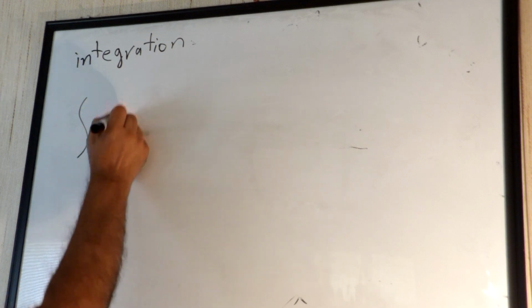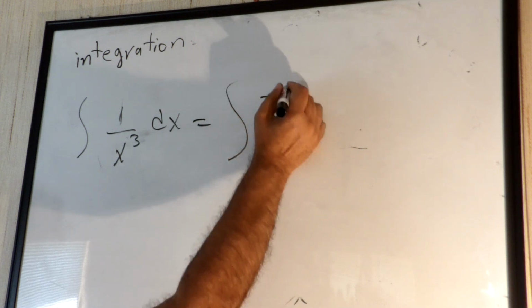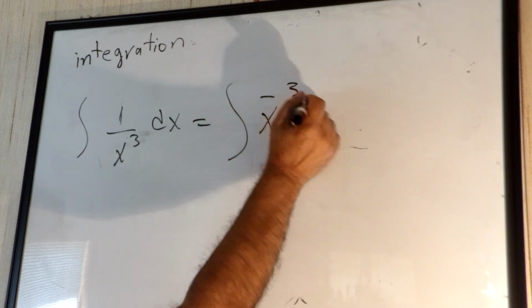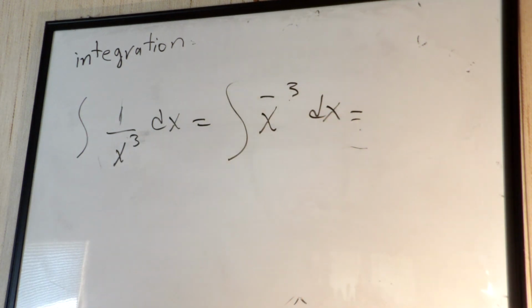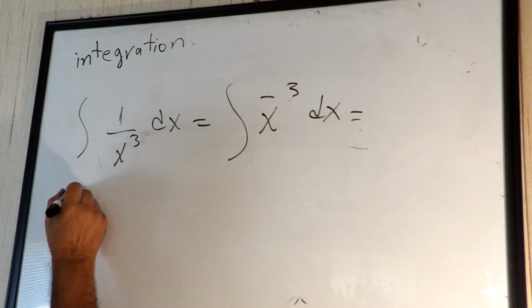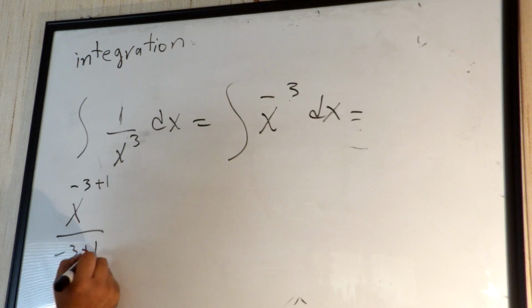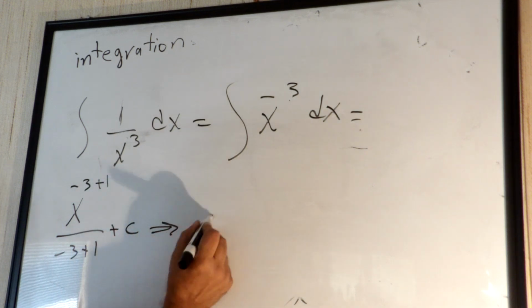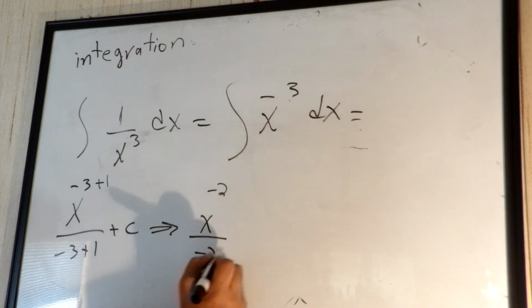How about if you have 1 over x^3 dx? Here I can write it as x to the power of minus 3, as we talked about. So what is it going to be? The antiderivative of x^-3 is x^(-3+1) over -3+1, plus c. So minus 3 plus 1 is going to be minus 2, and this is minus 2.